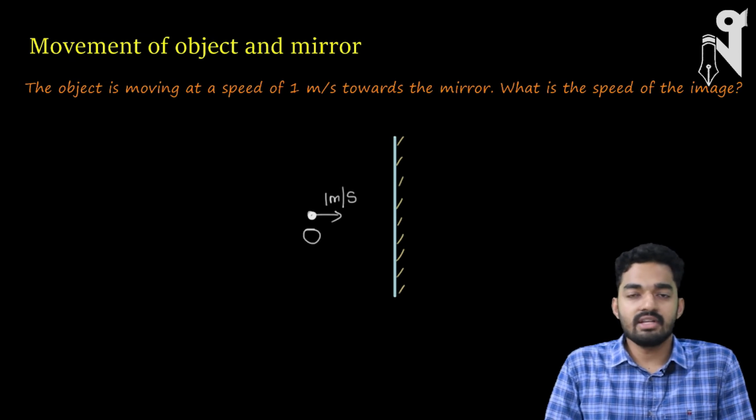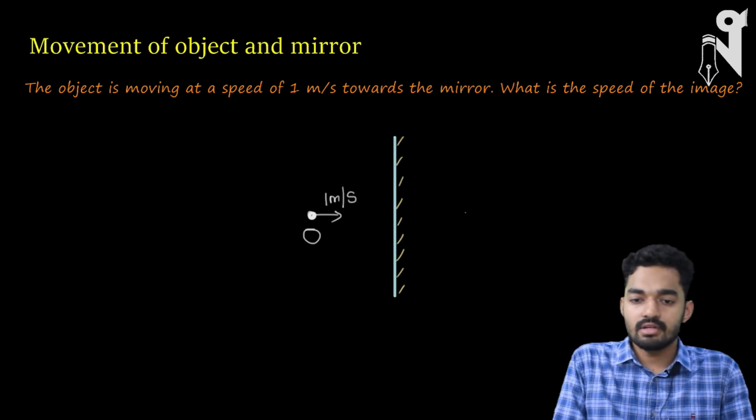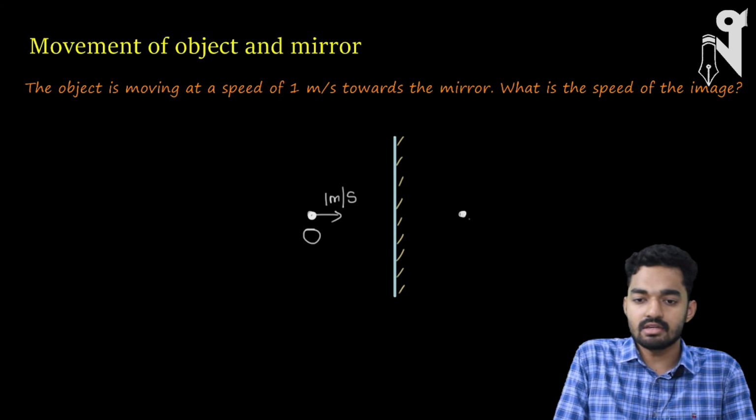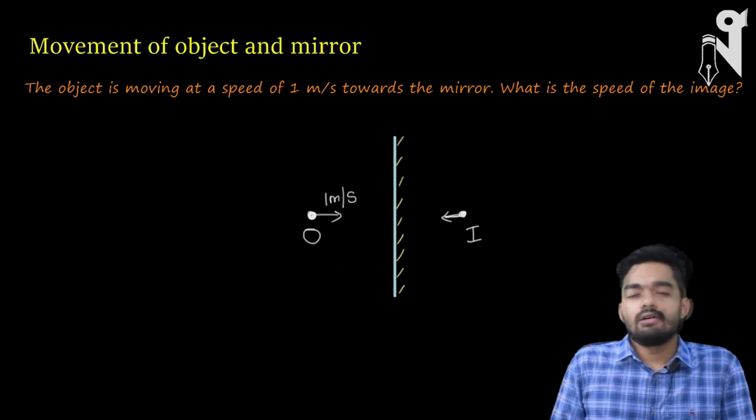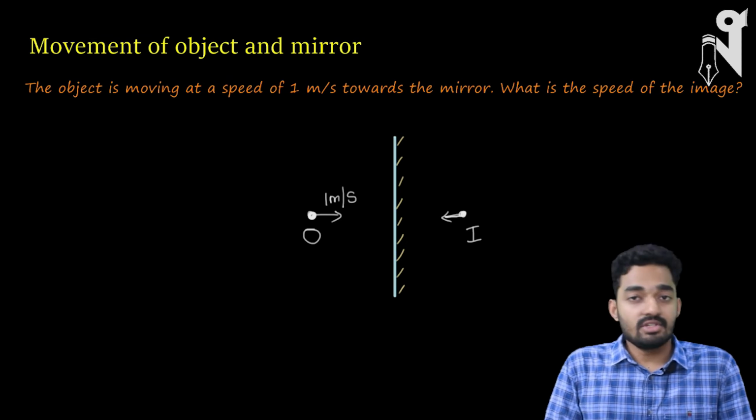We know that whenever the object is moving perpendicular to the mirror, the image will move in the opposite direction. So over here, the image will be moving in the opposite direction, in this direction. But what is the speed? Let's say the image is moving at a speed of 2 meter per second.